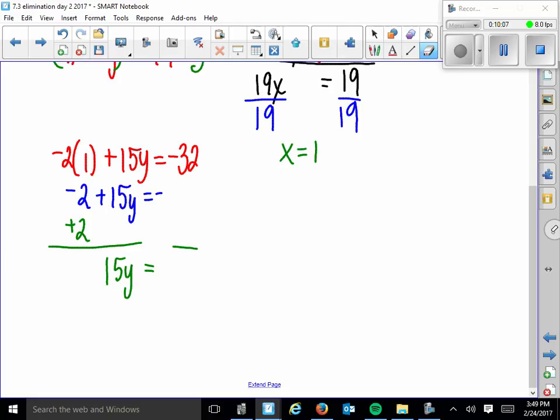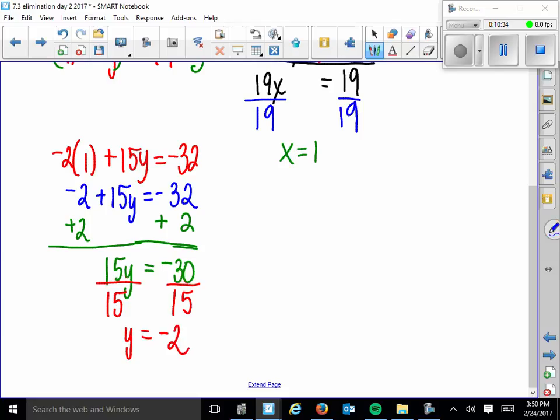I was thinking ahead and wrote that down incorrectly. This should have been a negative 32 that I am adding to 2. So negative 32 plus 2 is negative 30. When we solve, we divide each side by 15, which gives us y equals negative 2.